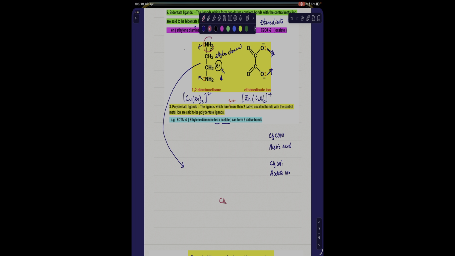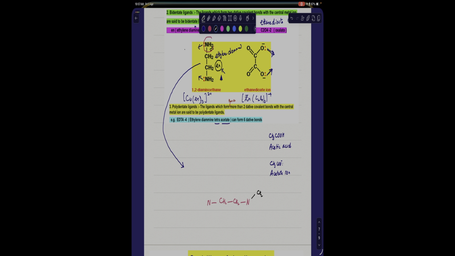So you will have CH2, CH2. Please have a look at the structure of ethylenediamine, or en, because it's basically derived from there. You will draw a nitrogen on this side and one nitrogen on this side. You can see each hydrogen atom is replaced by an acetate group.